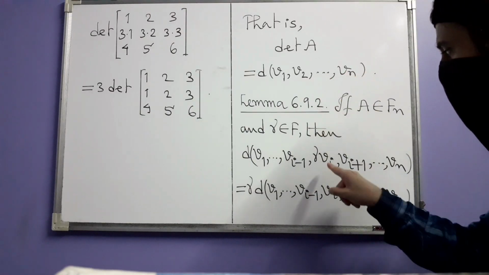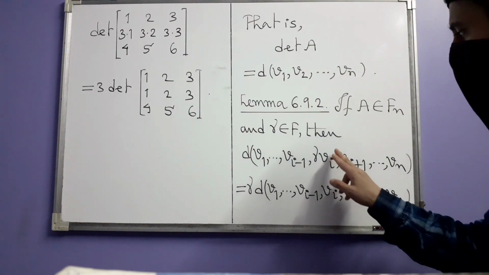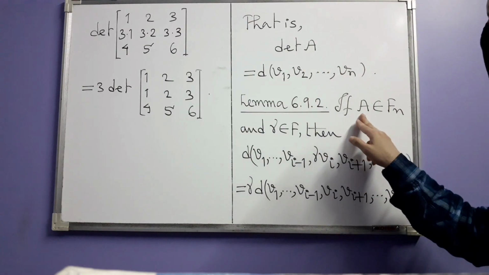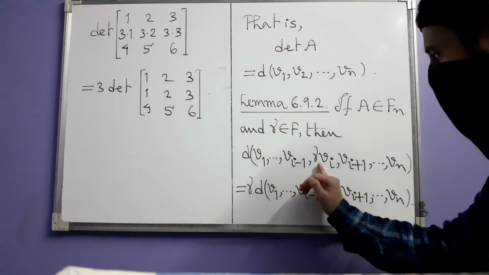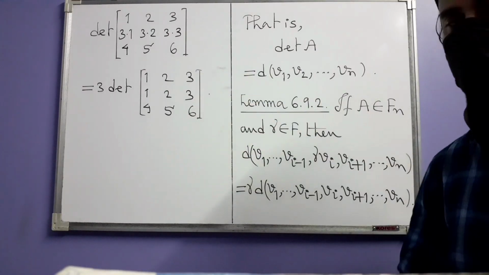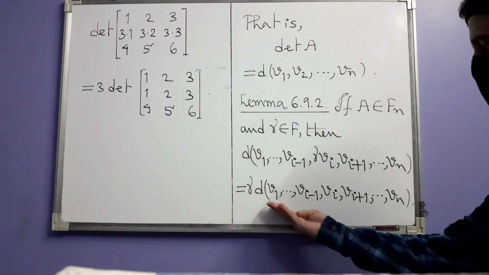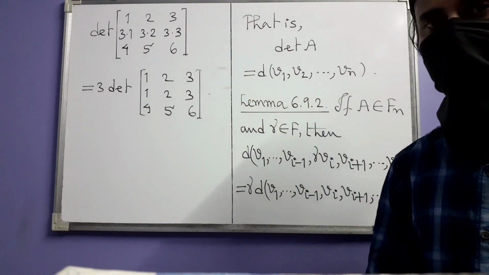So in this matrix i is equal to 2. The second row is the one which is not exactly the row of A. Gamma here is 3 and gamma came outside. 3 went outside and the rows that you are left with are now all the rows of A.